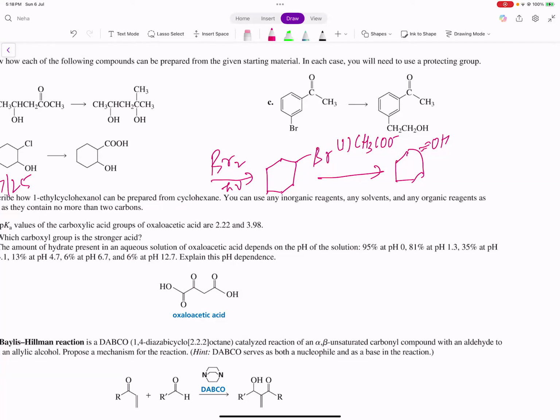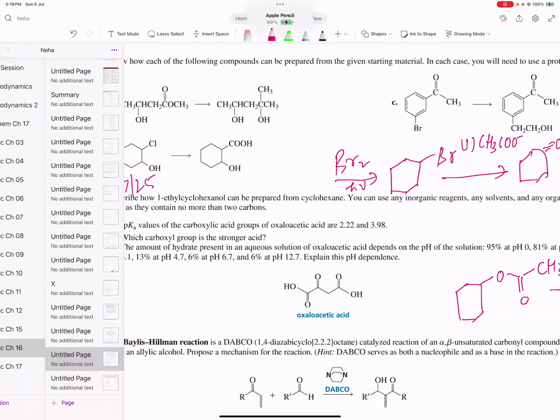So with H2O it will have problems. So first we treat it with this, and then it will become an ester with the OC double bond of CH3, right? Then we can treat with OH minus. Then I can hydrolyze it, right? Then I'll get OH and then I treat that. Okay.